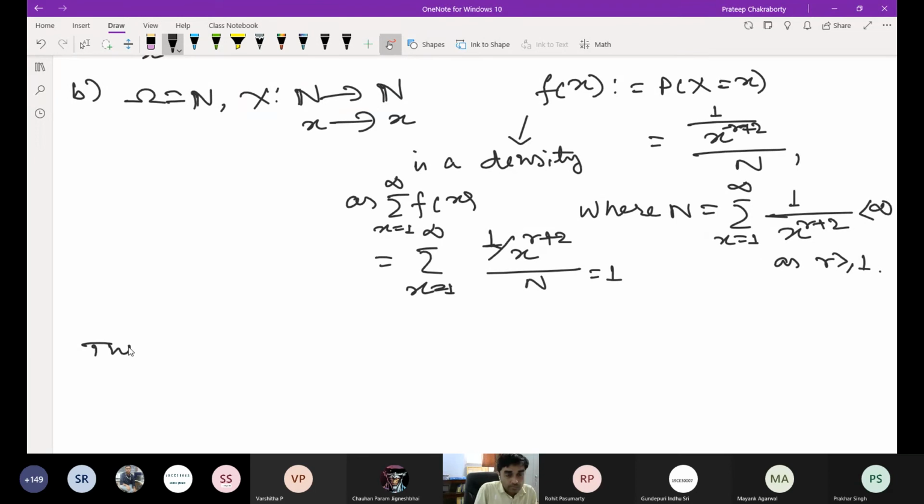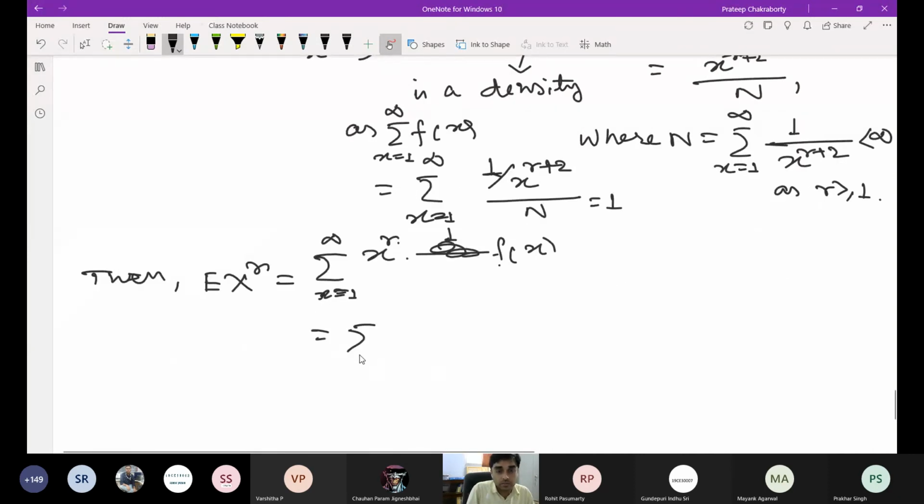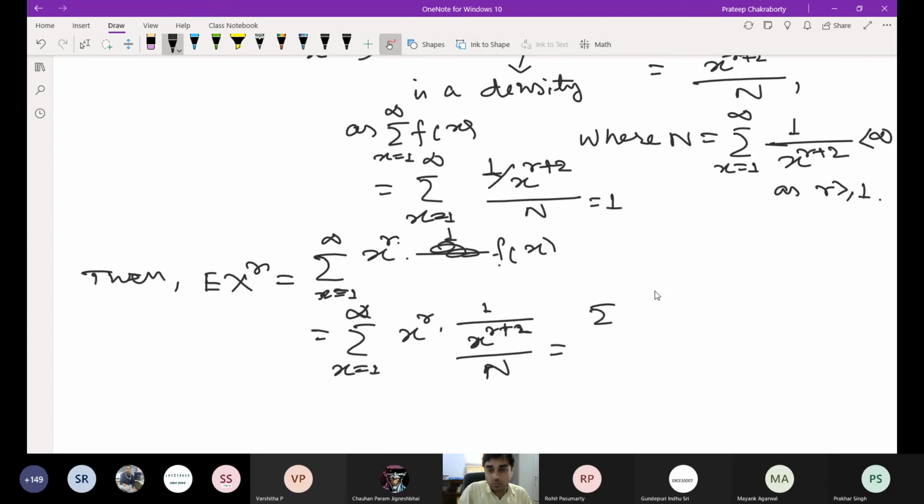Here, what is E[X^r]? That is the summation of x power r into f(x), x equal to 1 to infinity, which is equal to the summation of 1 by x squared, x equal to 1 to infinity, by n.